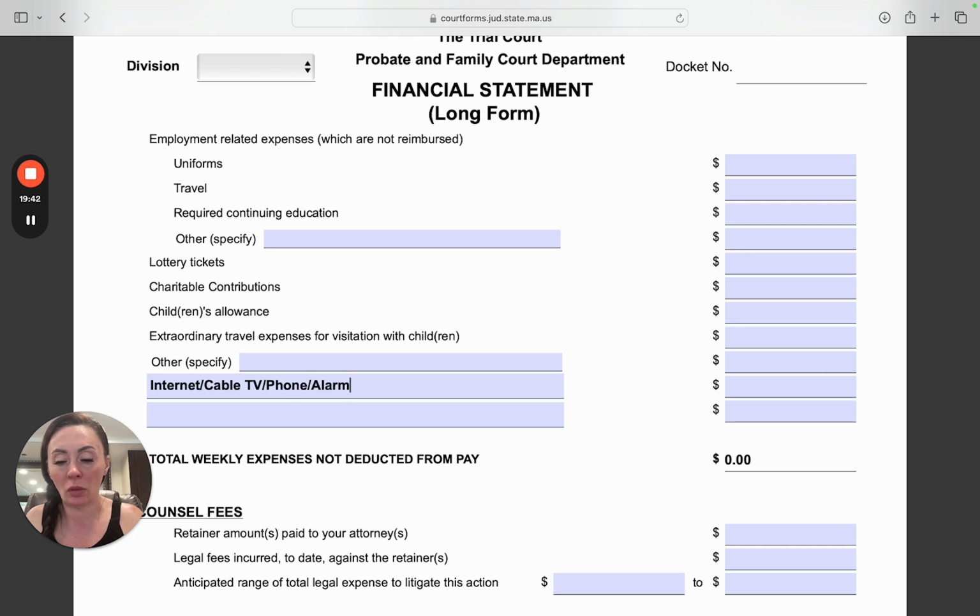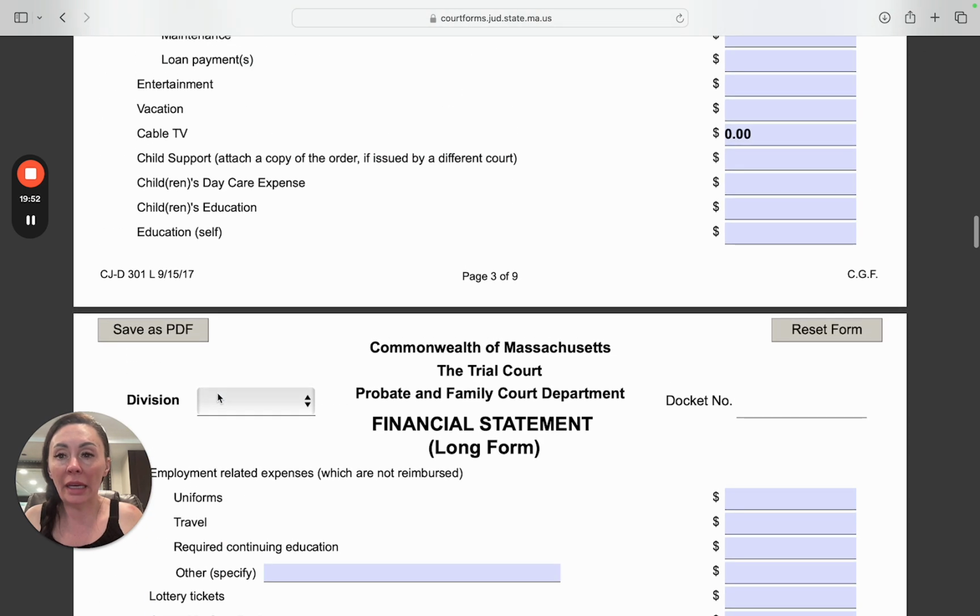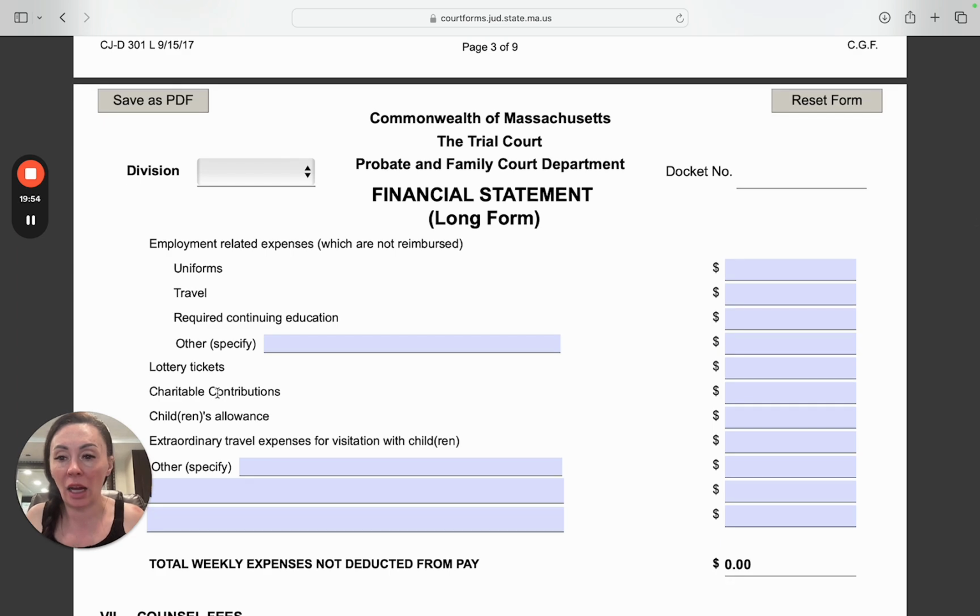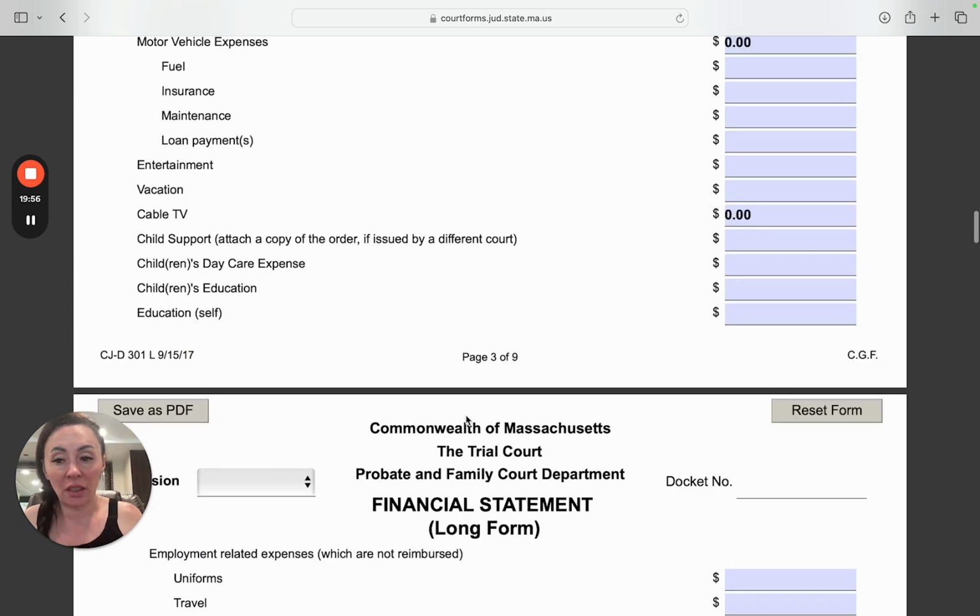Those are services that are often bundled. So you're going to take your monthly, divide it out to get weekly, and report it under that other section. If you have just cable TV, then go ahead and report that number there.